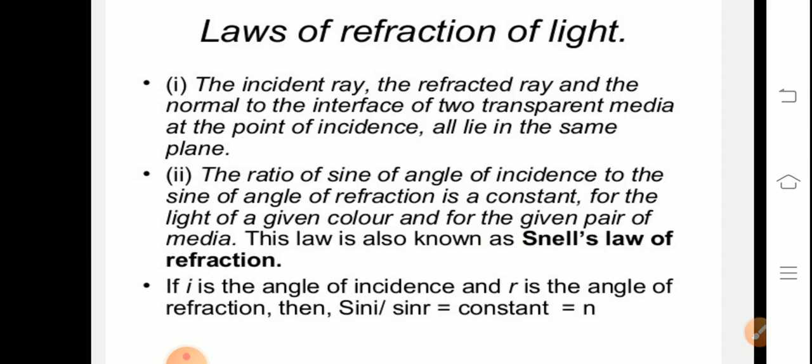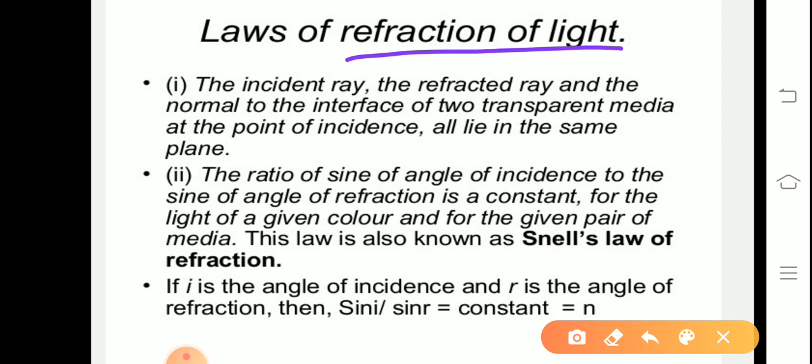Before that, let me say about the laws of refraction. The first one: the incident ray, the refracted ray, the normal and the point of incidence all lie in the same plane. The second: the ratio of sine of angle of incidence to the sine of angle of refraction is a constant, for light of a given color and for the given pair of media.